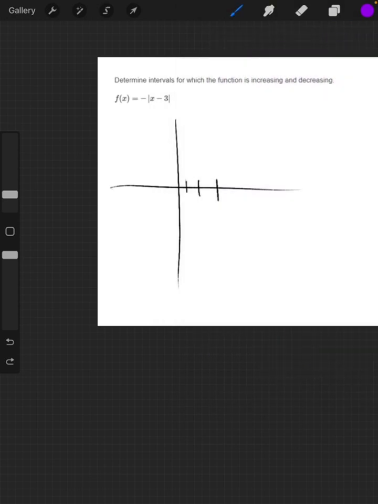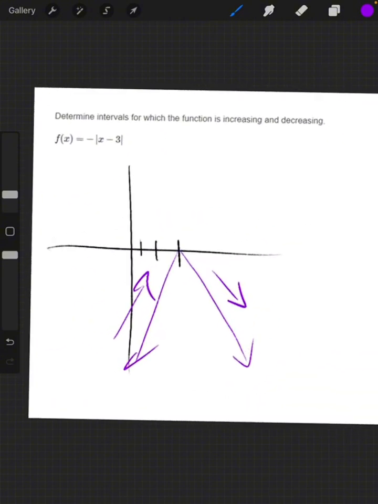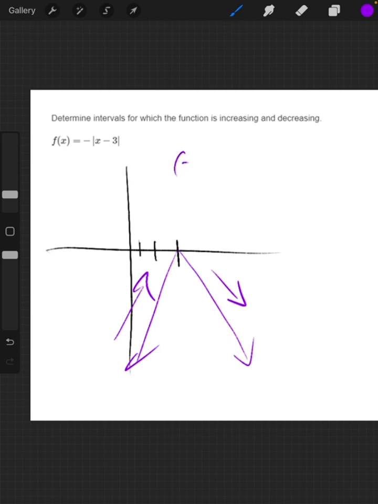So then we just have like 1 by 1 by 1, 1 by 1 by 1. Now on this side it's increasing, on this side it's decreasing. So the intervals would be negative infinity, comma, negative 3, which would represent this side, and then negative 3, comma, infinity. No, wait.